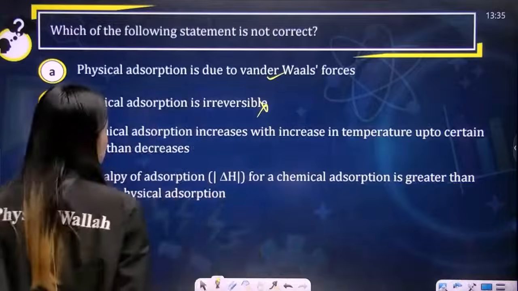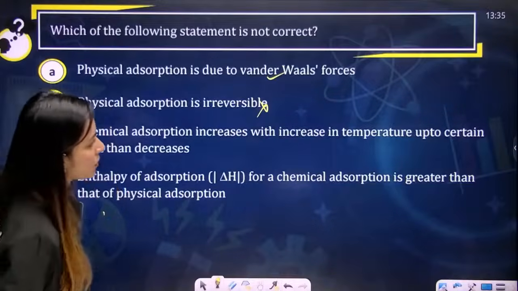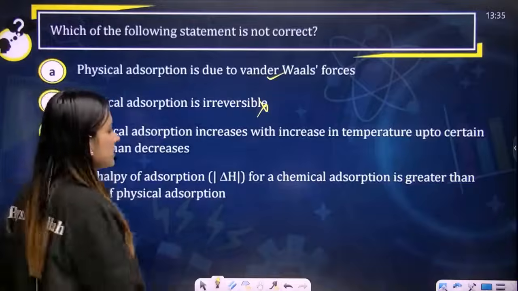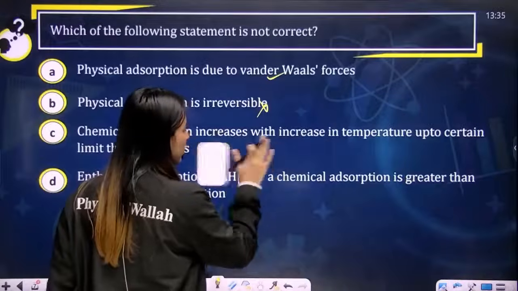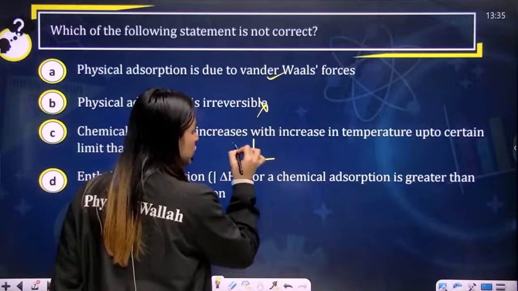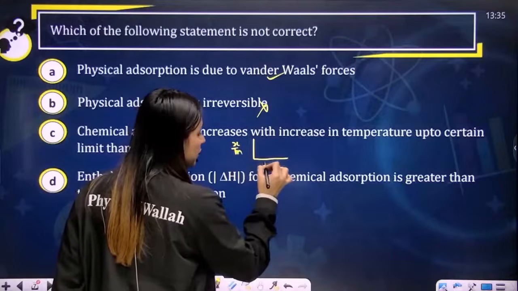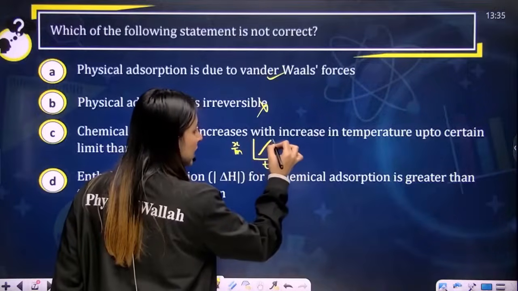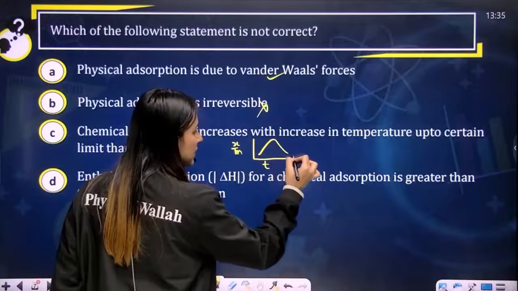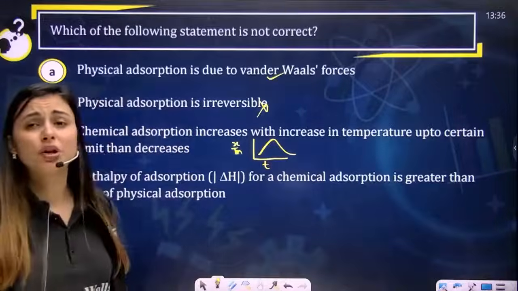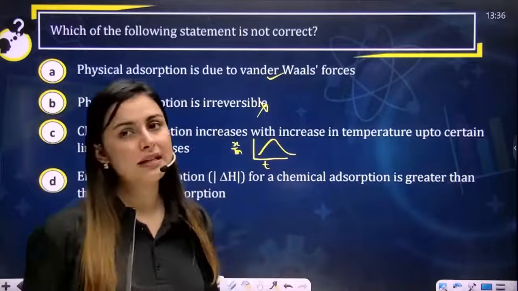Third, chemical adsorption increases with increase in temperature up to a certain limit and then decreases. Yes, if you draw a plot of chemisorption, you have x upon m, extent of adsorption, then you have temperature. It will increase up to a particular limit, then it will decrease, and this is how your plot for chemisorption looks. So this statement is correct.